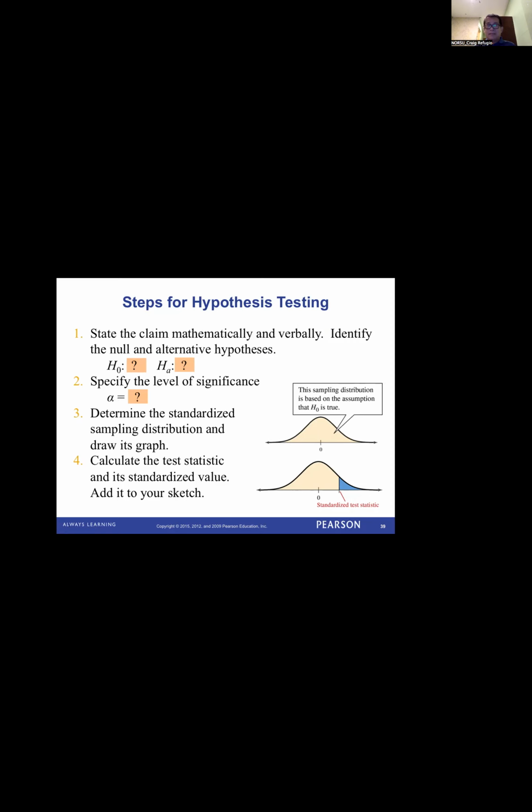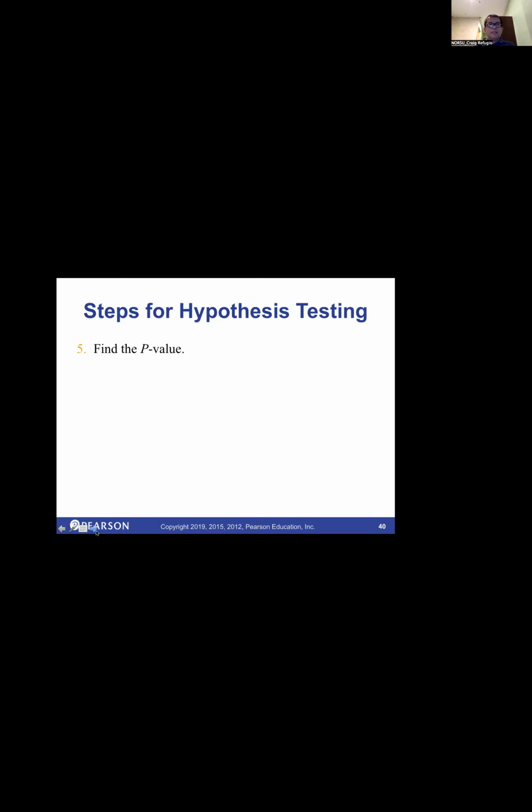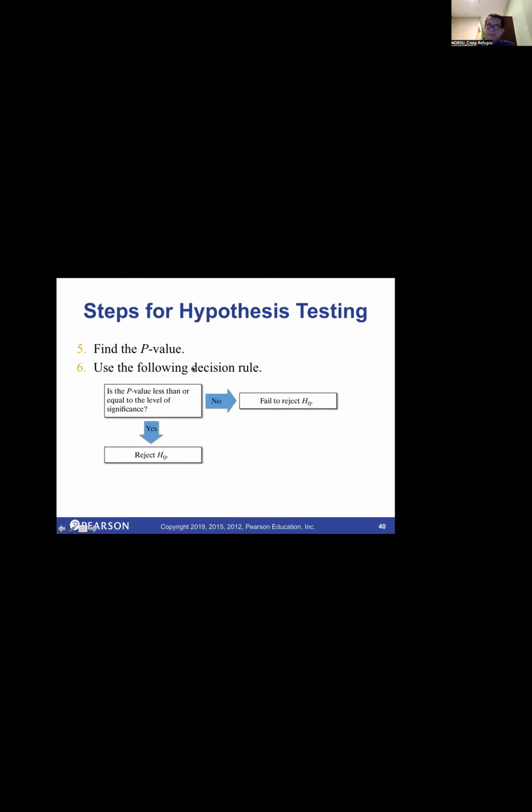Since we are all in the education unit, alpha is equal to 0.05. Number 3, determine the standardized sampling distribution. You can draw this one manually. But if we're going to use technology, number 4 will be replaced by an automated value of the p-value. And then number 5, we're going to find the p-value. The p-value is generated automatically by MegaStat or maybe SPSS.